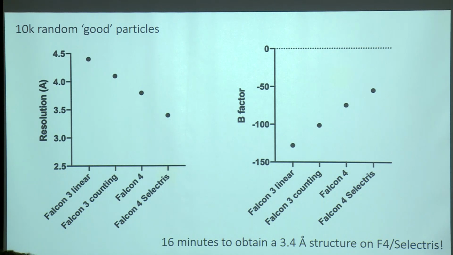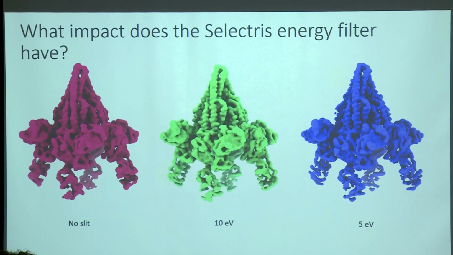Quite often in the facility, our standard data acquisition time is 24 hours, and people collect data for 24 hours and then go away and process it. But for many of our biological questions, 3.5 angstroms is more than sufficient to tell whether our Fab is bound, for example, or whether our subunit of interest is present. I think it's absolutely amazing that we can get such high quality reconstructions with such a small amount of data from these new detectors.